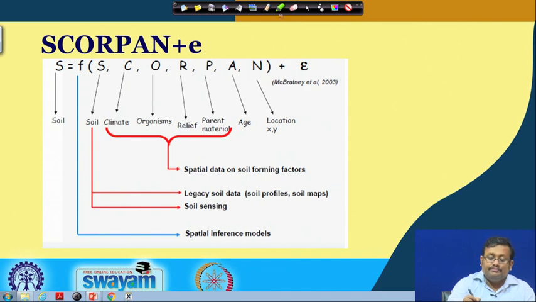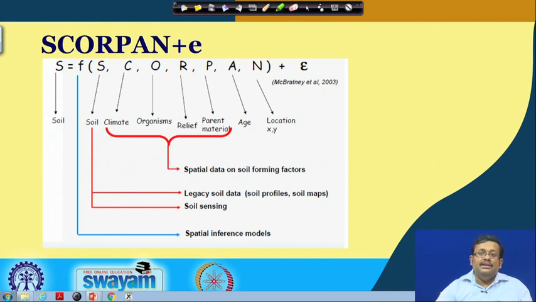SCORPAN model. But why is the SCORPAN model important? It is important from the consideration that any soil data can be modeled or expressed through some quantitative relationship.